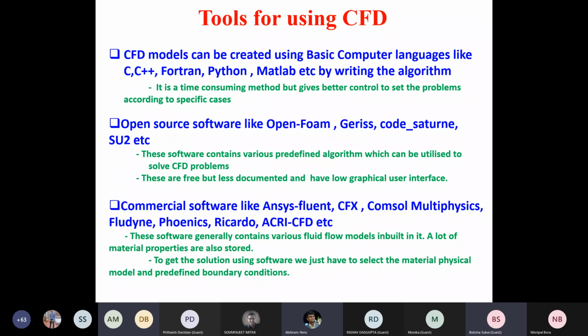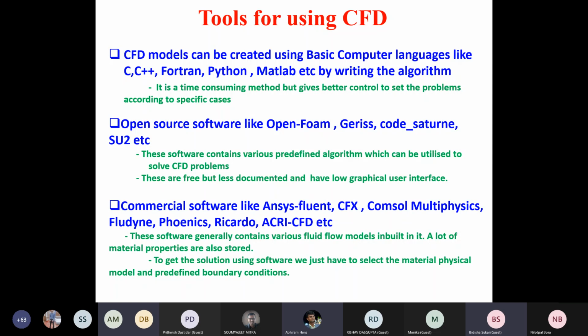So what are the tools which are available for using CFD? The CFD models can be created using basic computer languages. If you know the theory, and if you have good control over your numerical methods, and a good coding skill, then you can write a CFD solver with the help of a basic computing language like C, C++, Fortran, Python, MATLAB, etc. Any programming language you can use, and you write the algorithms and it can work.